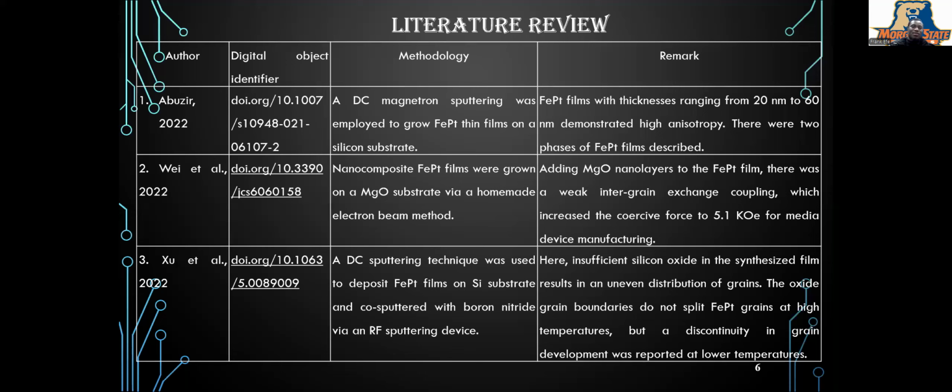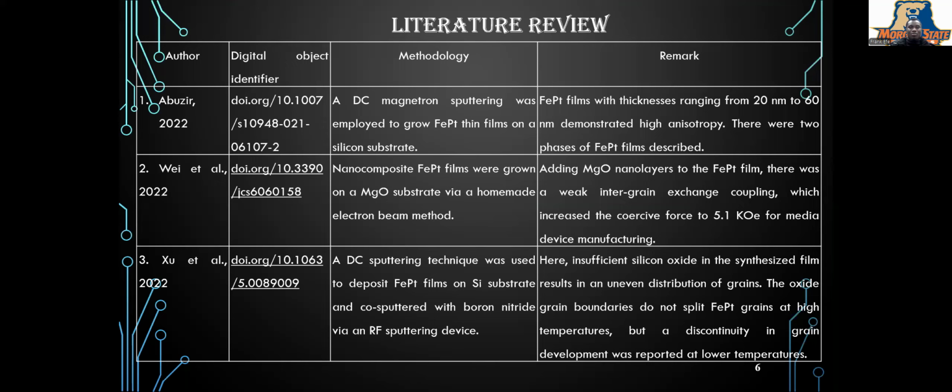Several researchers have studied this material. However, there's still a knowledge gap in reporting why we have double switching properties in iron platinum thin film deposited on silicon substrate.